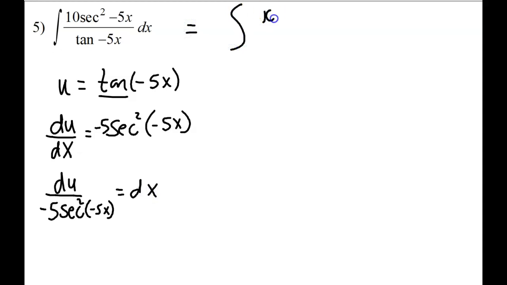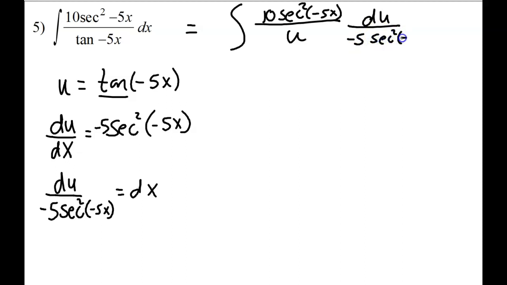So the top is going to stay the same for now. The bottom is going to be u. And the dx is going to be du over negative 5 secant squared of negative 5x. Now the secant squared 5x goes away, and the negative 5 goes into the 10 negative 2 times.